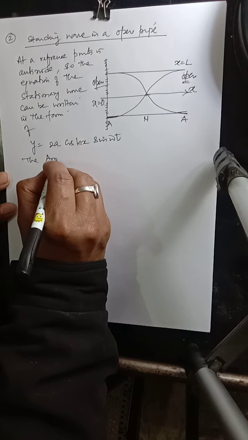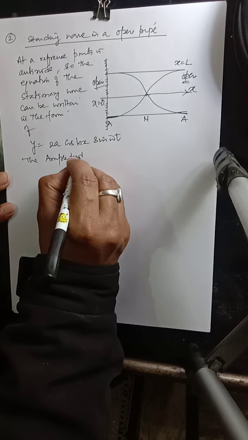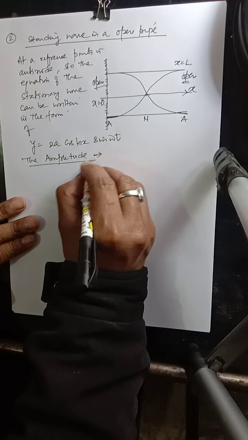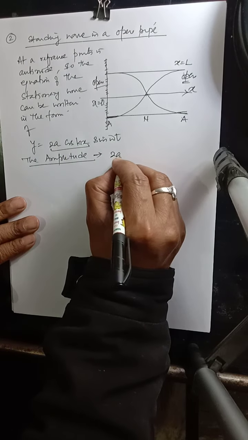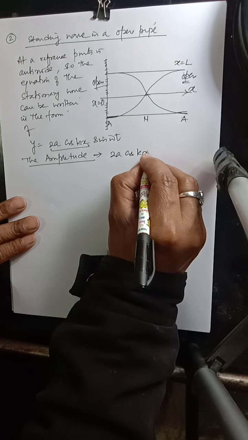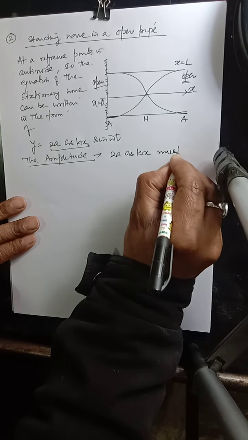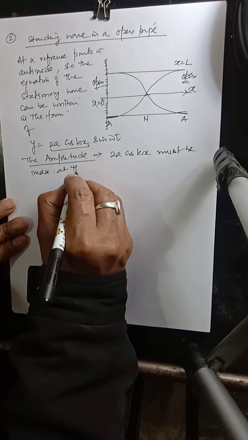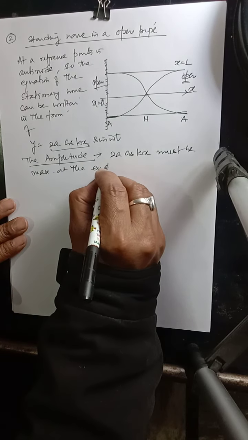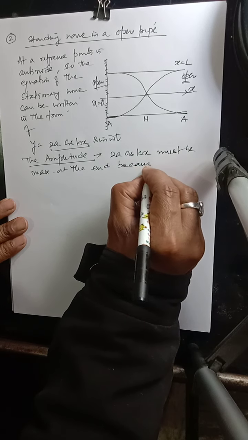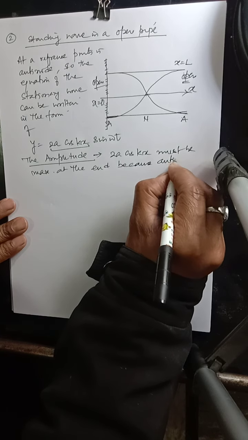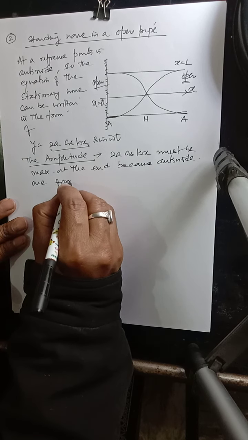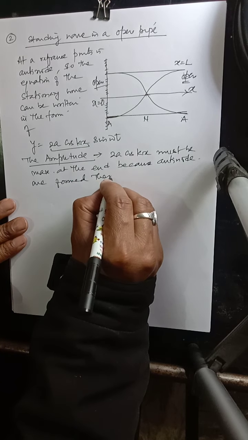The amplitude in this function, 2a cos of kx, must be maximum at the ends because antinodes are formed there.